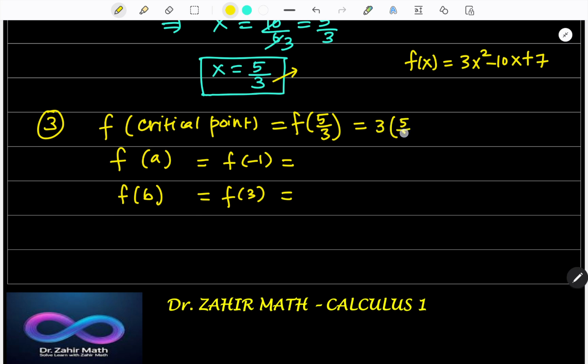So f of 5 by 3: 3 times 5 by 3 the whole square, minus 10 times 5 by 3 plus 7 equals. Okay, so I am going to put it in the calculator. 5 divided by 3.